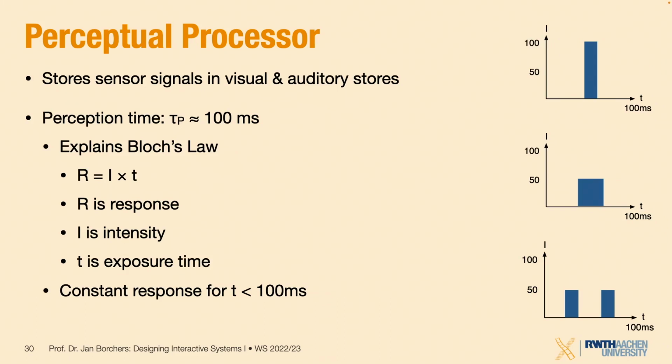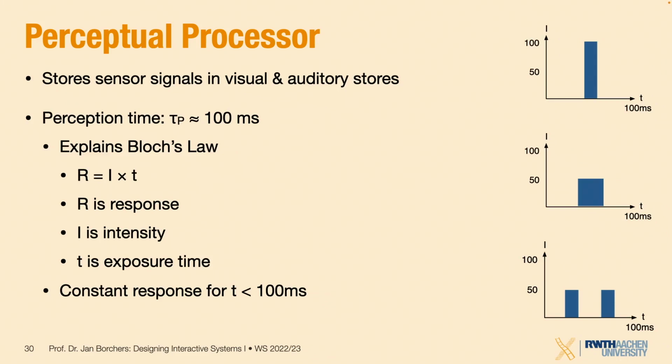This fundamental truth about human perception, and especially how the eye works, is the foundation of what's called Bloch's law. So Bloch's law says that the response that people perceive is simply the intensity times the exposure time.